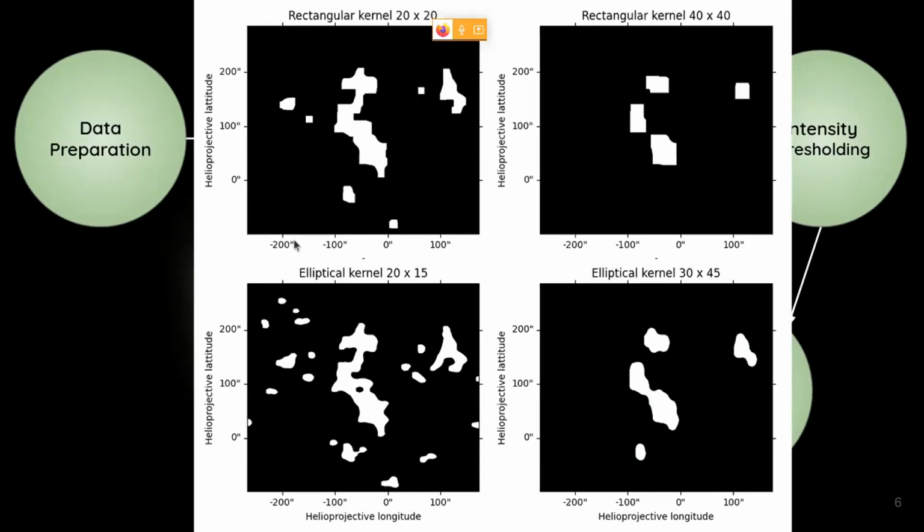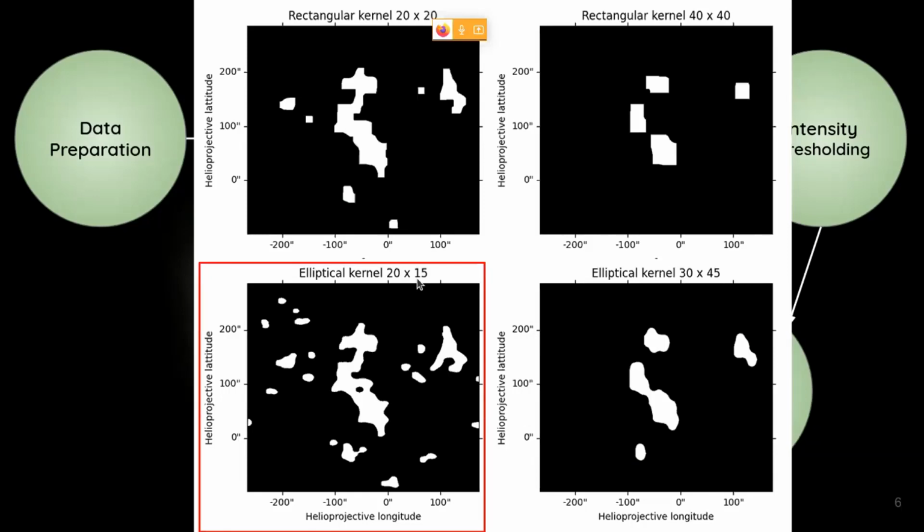Even if you select a larger size, the plage is completely fragmented and not detected. But for the elliptical kernel, the shape of the plage is accurately detected, and you can also see this dark region in the plage, which is basically the sunspot. Even that is accurately detected. So the area calculation from here would be much smoother for us, and that's why we select the elliptical kernel.